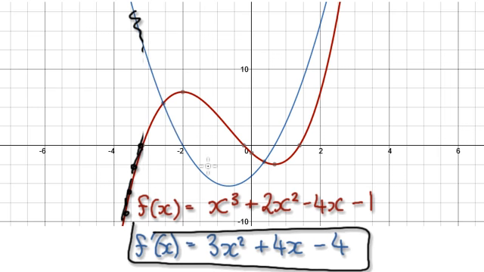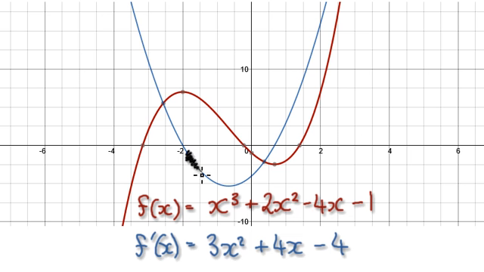So when the blue line here is negative, the gradient of the original function is always going downhill, because it's a negative gradient. So when the derivative is negative, it can only mean that the original function's gradient is always pointing down.